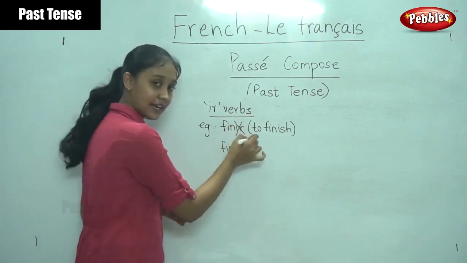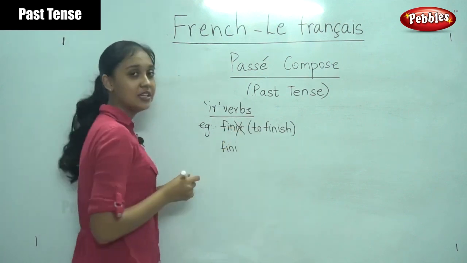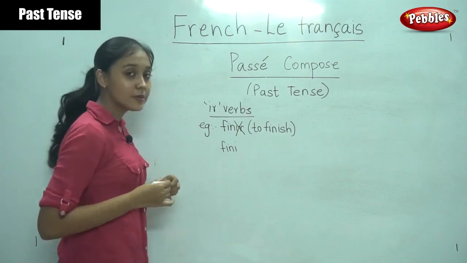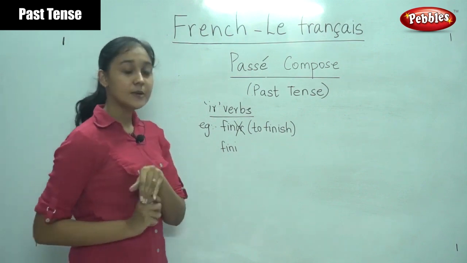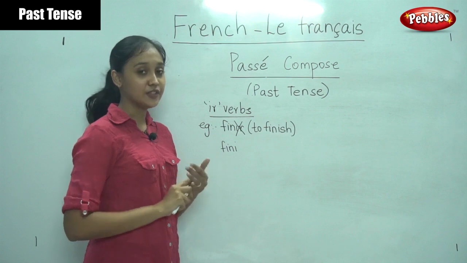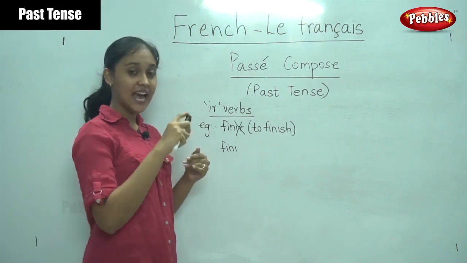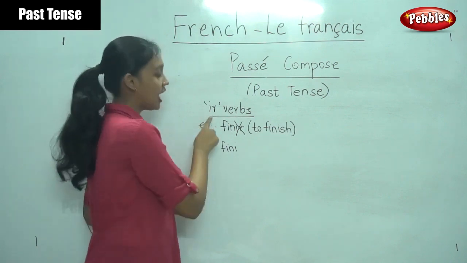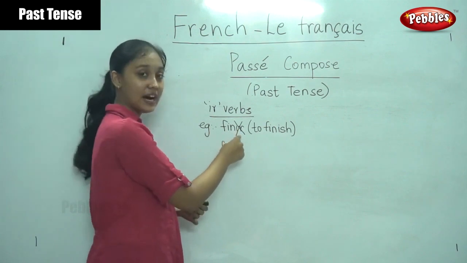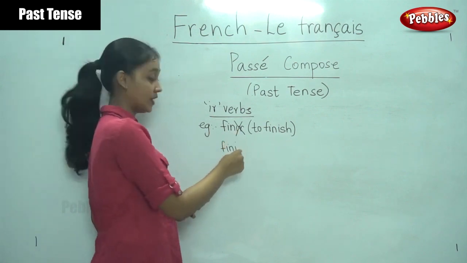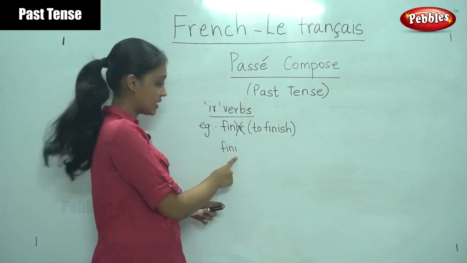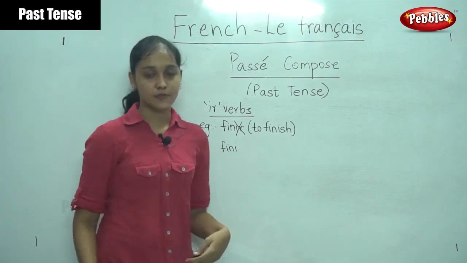You will remove IR and replace it with I. So what are the verbs we learnt? For ER verbs, we would remove ER and replace it with E acute accent. For IR verbs, we will remove IR and replace it with I. So did you understand? Now let us see the next type of verbs.